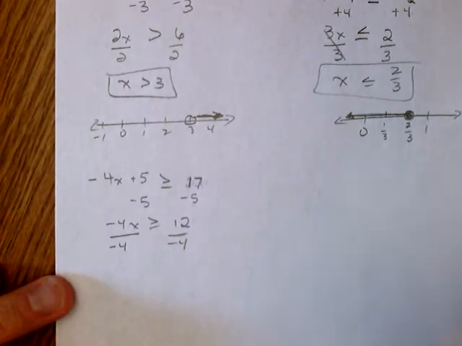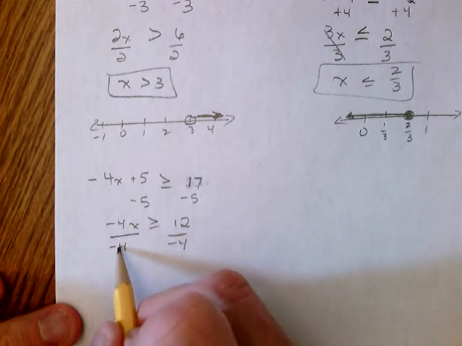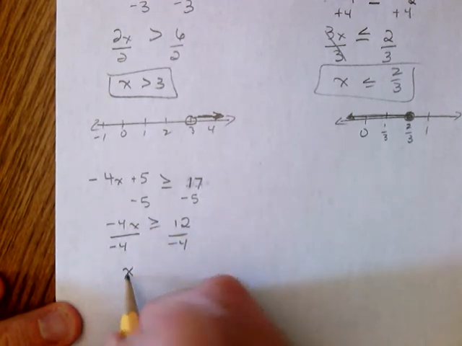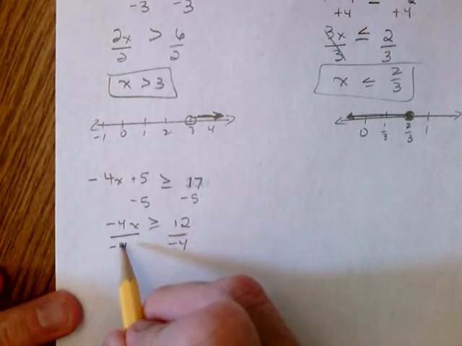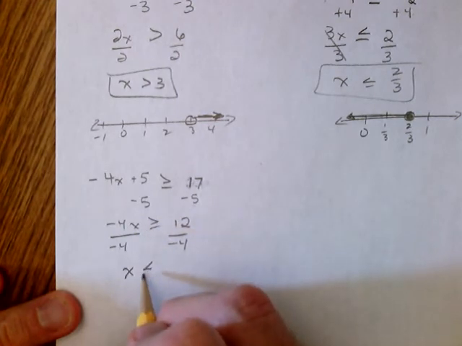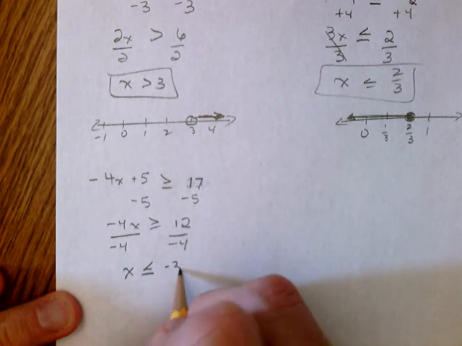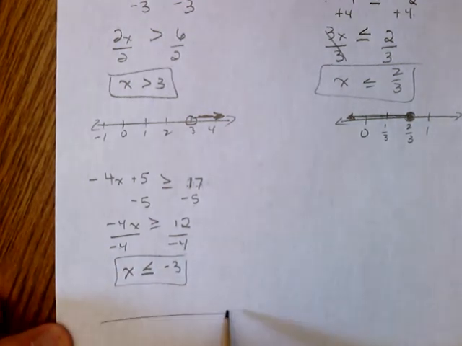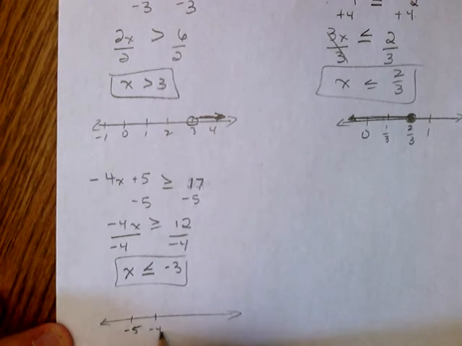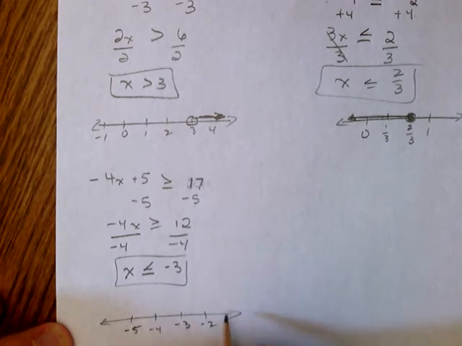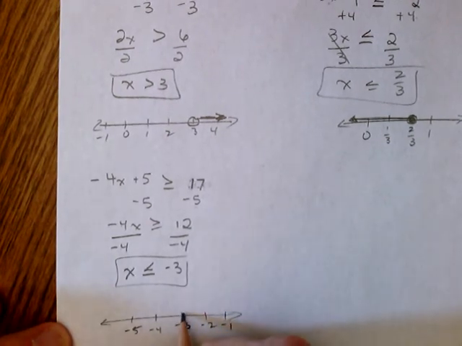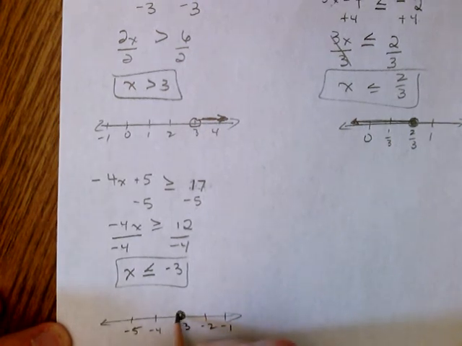Now I'm dividing by negative 4. Negative 4 divided by negative 4 is 1. I have just x. Because I divided by a negative, this greater than is going to become less than. 12 over negative 4 is negative 3. So less than or equal to negative 3, I'm moving to my left.